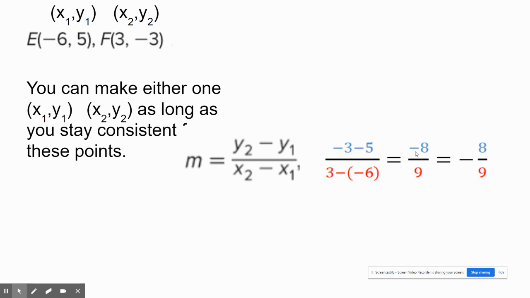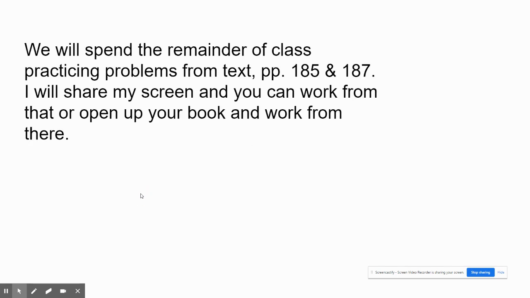Negative 3 minus 5 is negative 8. I take x2, which is 3, minus a negative 6. 3 minus negative 6 is 9, because minus a negative is the same as adding. That'd be 9. And that would be negative 8/9, the slope of the line these 2 points sit on.